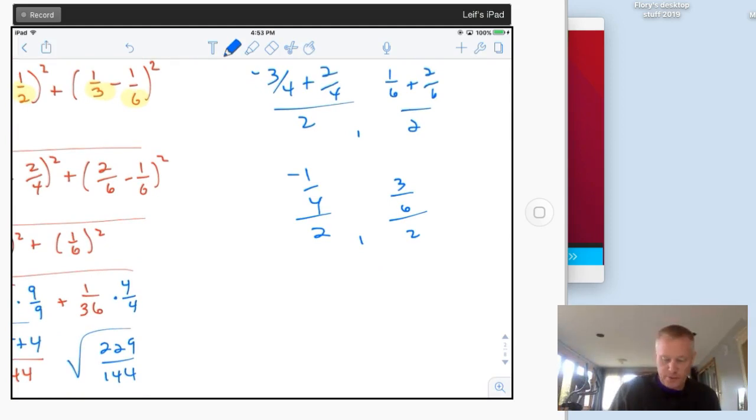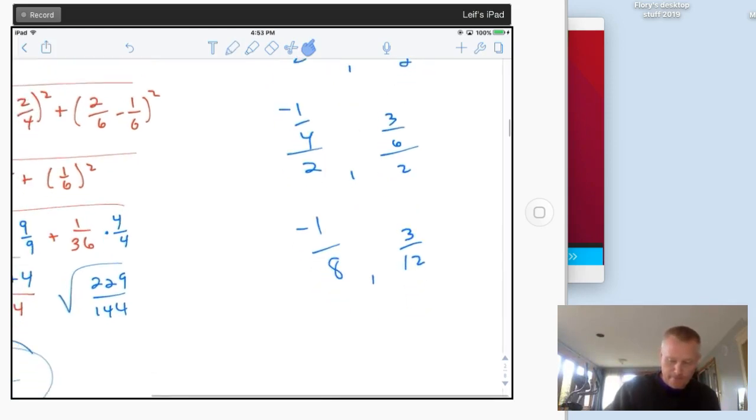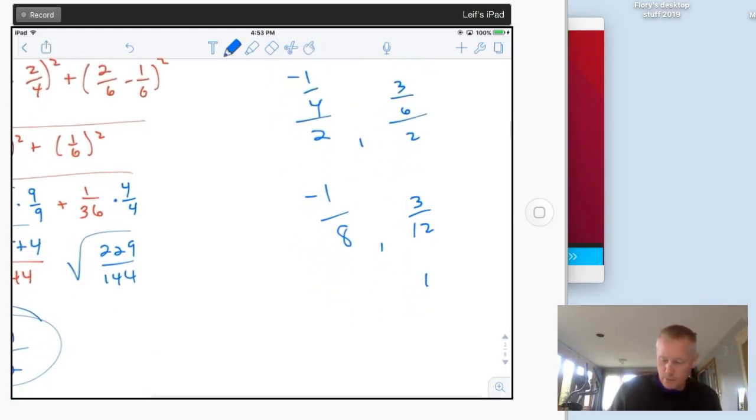So negative 1/4 divided by 2 is negative 1/8, and 3/6 divided by 2 is 3/12, which I can reduce into 1/4 and negative 1/8.